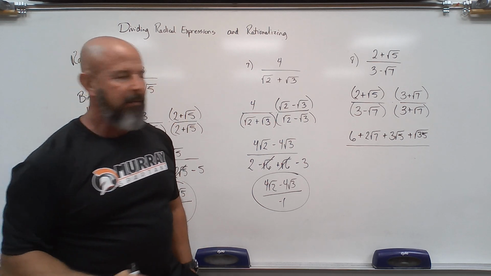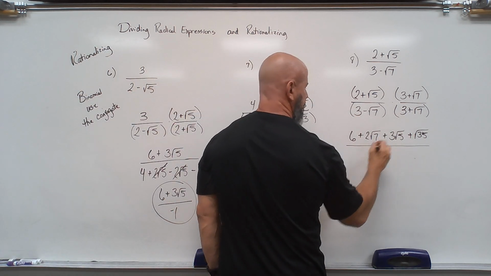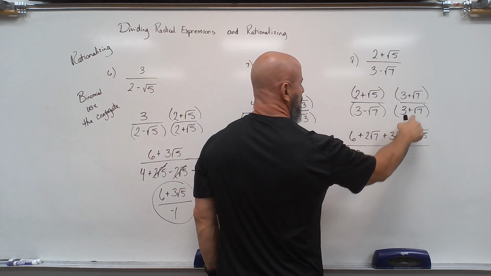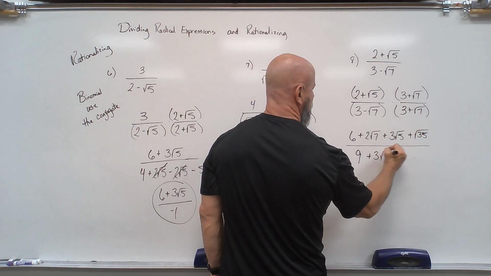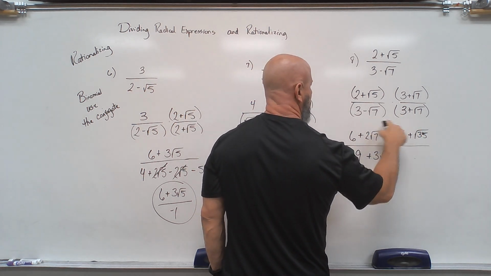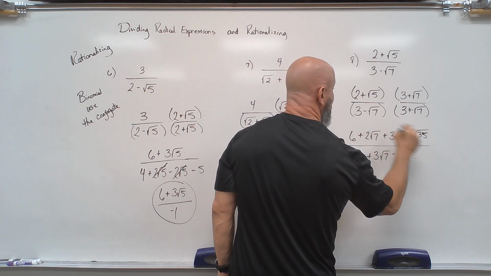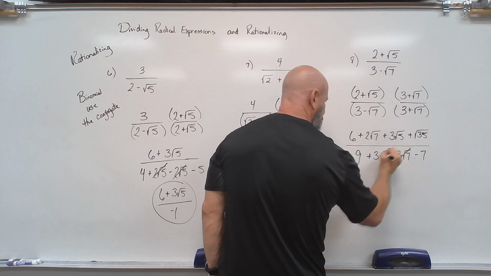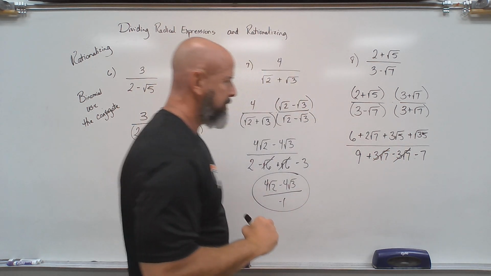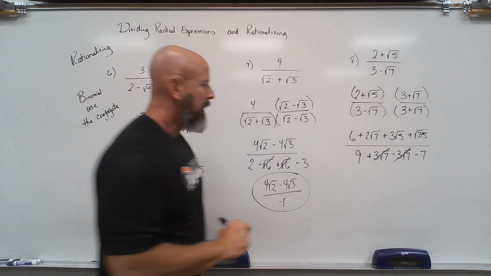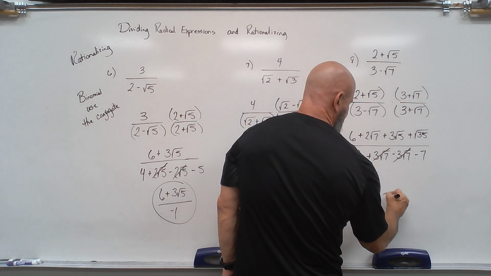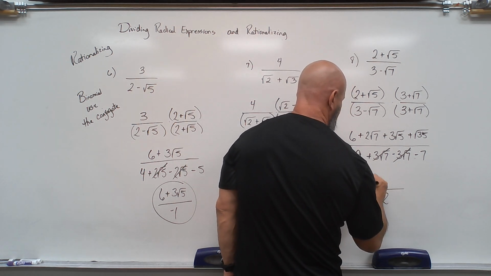I go to the denominator. 3 times 3 is 9. Plus 3 root 7. Minus 3 root 7. Minus 7. There's where those two radicals are going away. 9 minus 7 is 2, so there's that denominator.